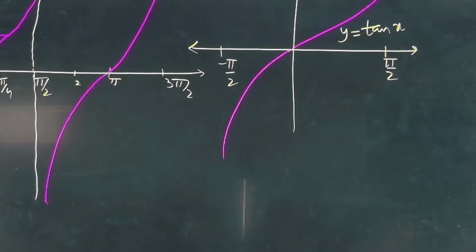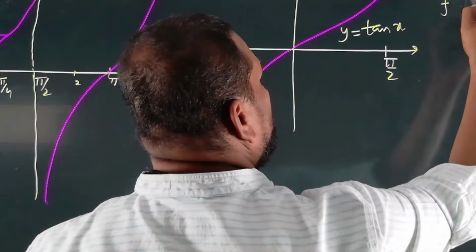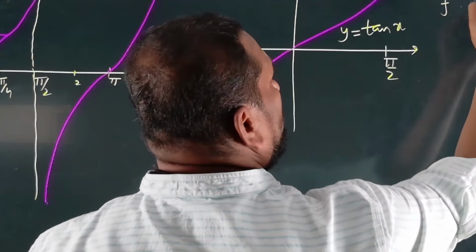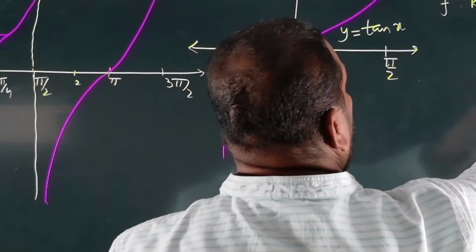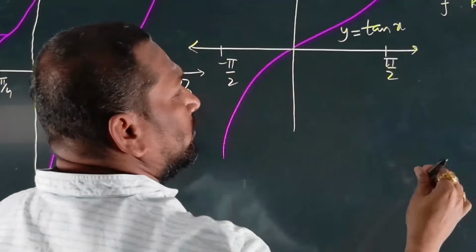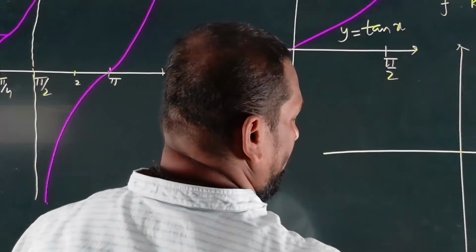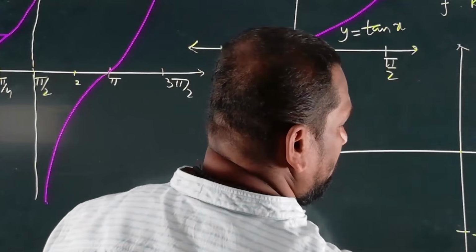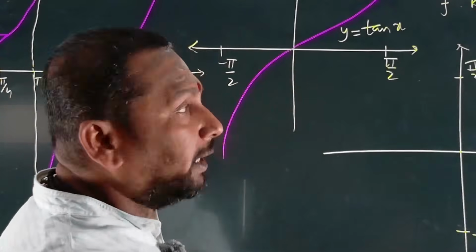Okay. So the f inverse domain is R to minus pi by 2 to pi by 2. So this is minus pi by 2. This is pi by 2. Okay.